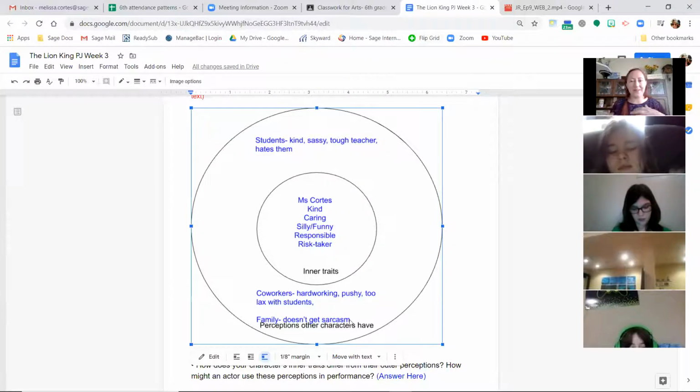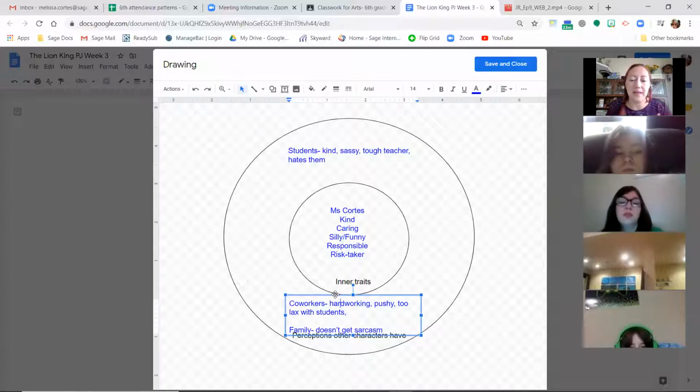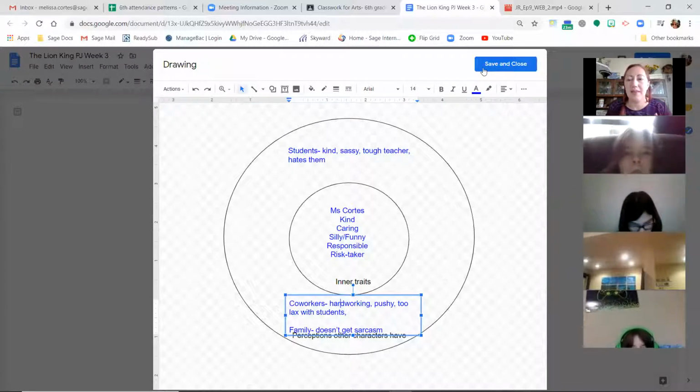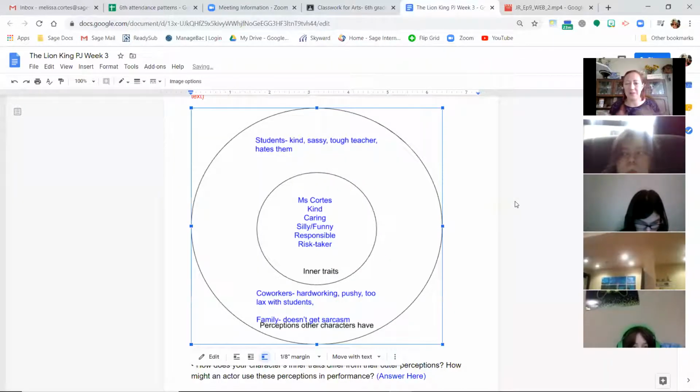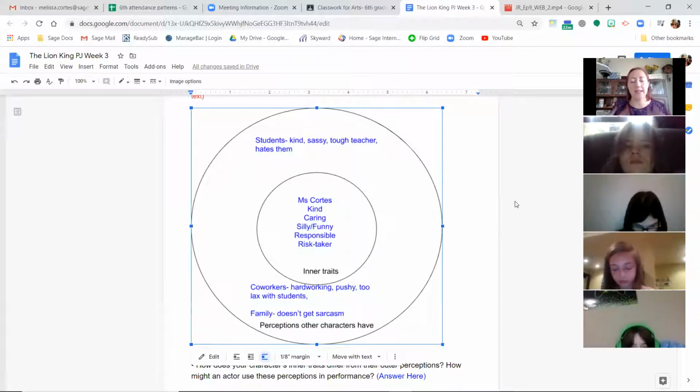And so that can create some really interesting tension on stage and a lot of dynamic interaction that the audience is really going to be able to pick up on. And so that's what you guys are going to do with this bubble activity, is you're going to think about the characters and how they see themselves and how other people see them.